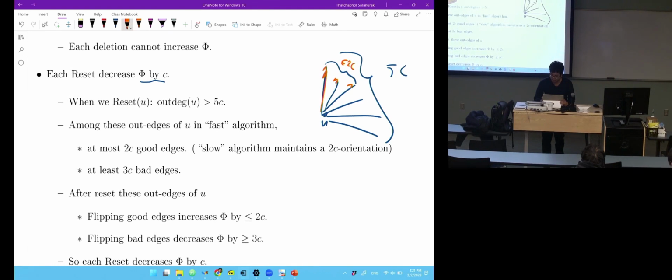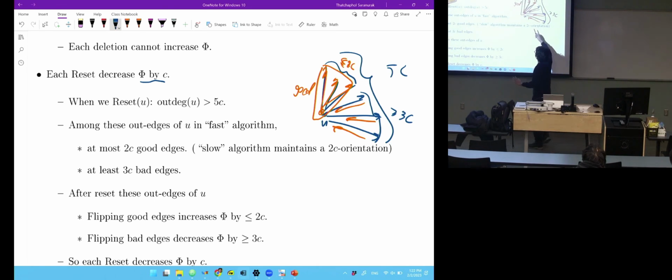Because the slow algorithm maintains a 2C orientation, so the out degree of the slow one is at most 2C. So only at most 2C of these are good. Everything else, although it is out in the fast one, must be in in the slow one, so all of these are bad. At least 3C bad edges.